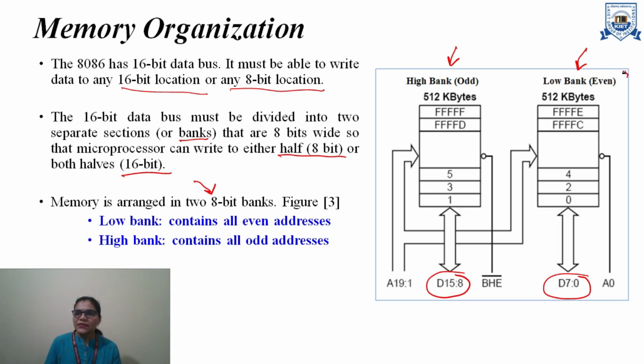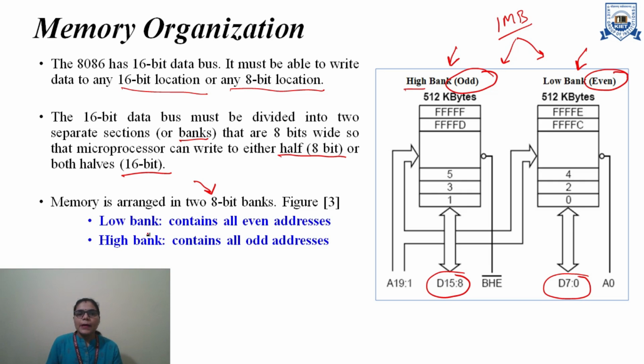All the even addresses make the lower bank of the memory and all the odd addresses make the higher bank of the memory. 8086 microprocessor supports 1 MB memory, so this 1 MB memory will be divided into two 512 KB banks. The high bank will have 512 KB and the lower bank will have another 512 KB of memory.